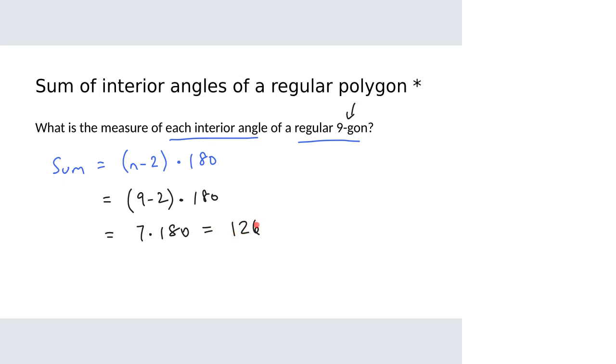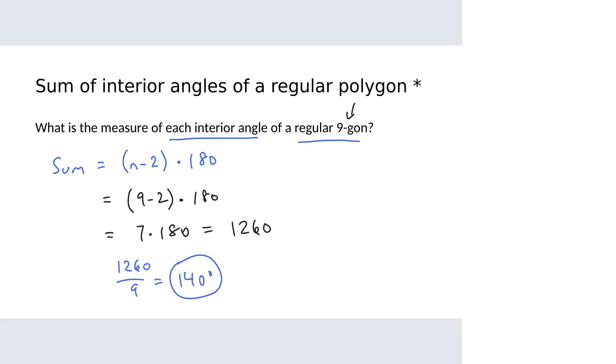That's 1,260 degrees. But since I have 9 angles in my figure, I need to take that 1,260 and divide by 9, and I end up with 140 degrees. So if we have a regular 9-gon, we end up with an angle measure of 140 degrees.